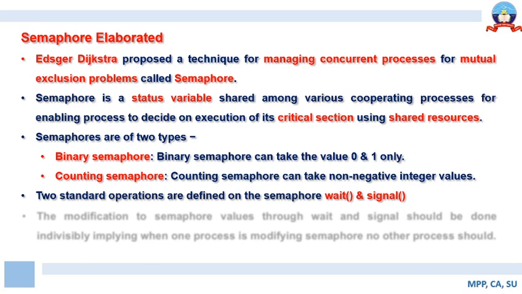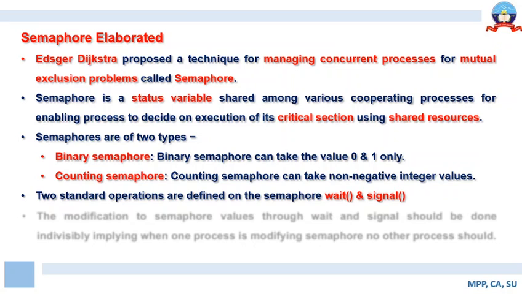Now, as learned earlier, there are two standard operations defined on semaphores: wait and signal. Correlating to wait and signal in the previous example, here too there are two standard operations defined on a semaphore.